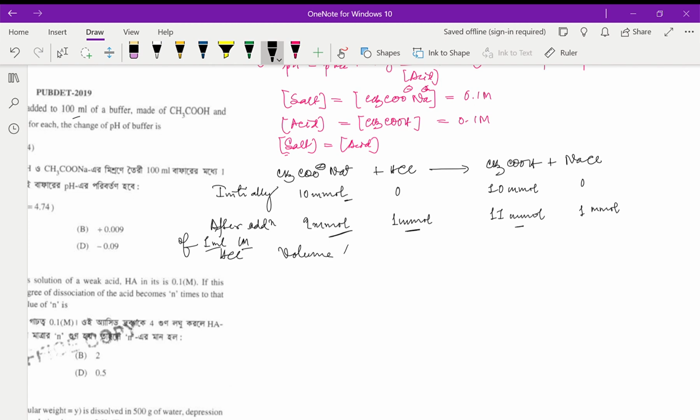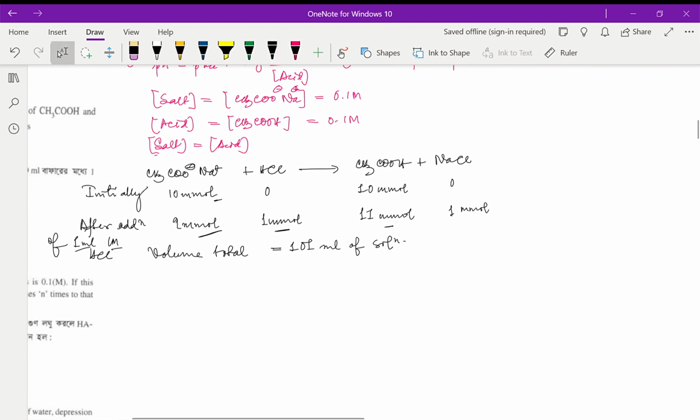Volume total is what? 101 ml of solution. What is the concentration? We know it is the number of millimoles divided by the volume in ml.